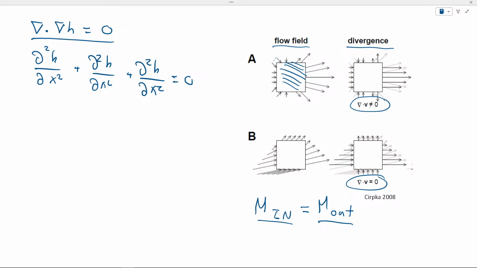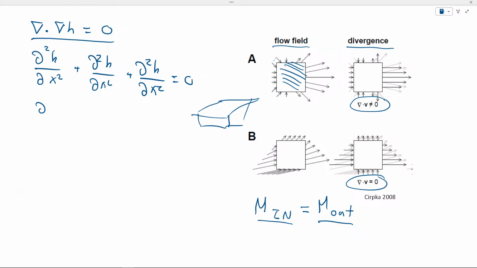Basically, that shows how h changes within your system. It shows the gradient of h, how h is changing within your system. This is the gradient of the gradient, the rate of change of the rate of change.